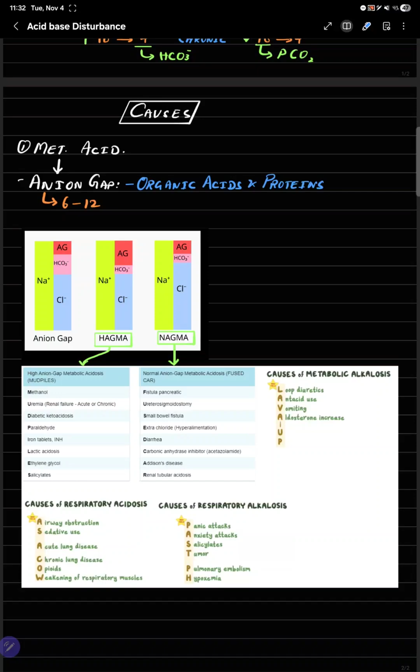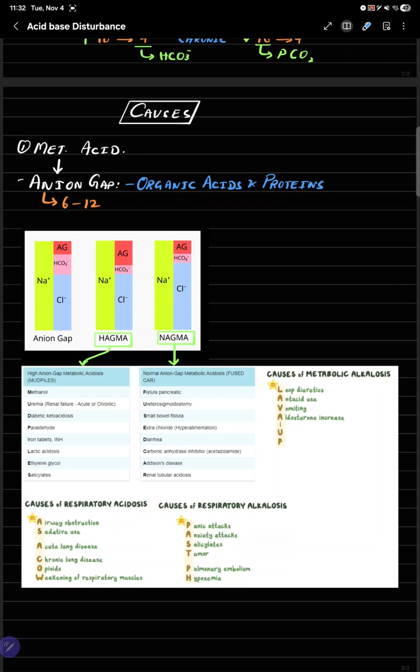The cation majority is sodium, whereas the anions vary in number, mainly chloride and bicarbonate. The remaining anions are organic acids and proteins, which is mentioned here. Organic acids and proteins other than chloride and bicarbonate ion are not measured.